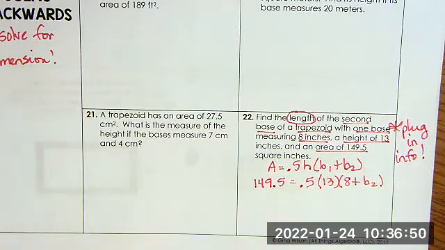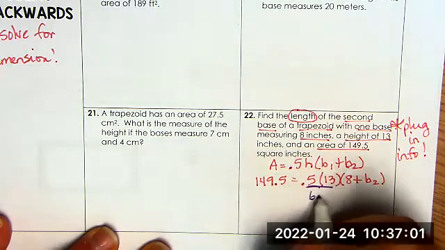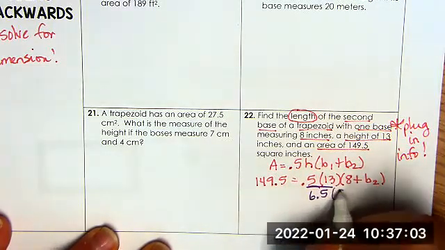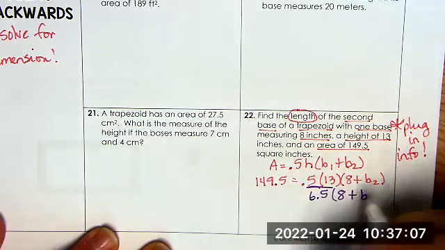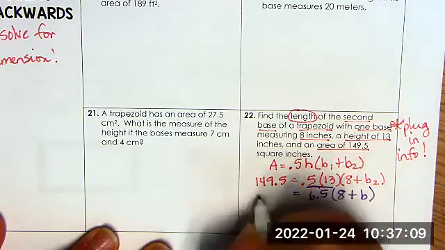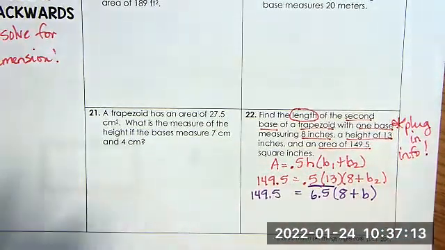My next step is I'm going to simplify what I can. Multiply the 0.5 times 13, which gives me 6.5 times 8 plus, we're just going to use the B just to make it easier, equals 149.5. Now we're just solving.